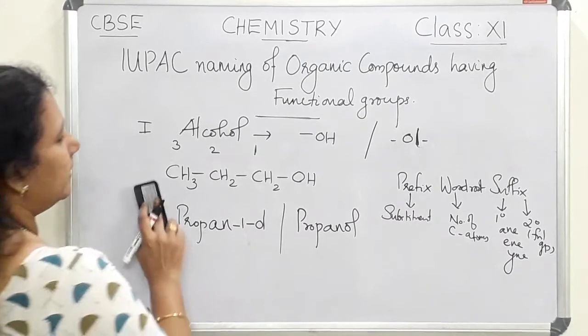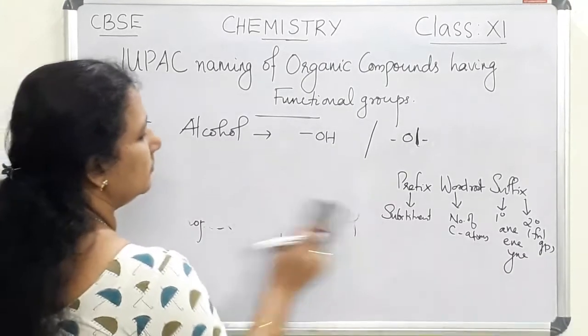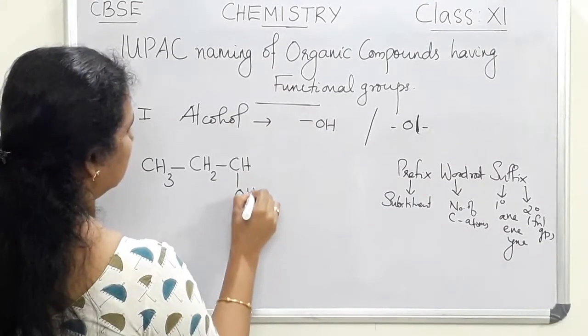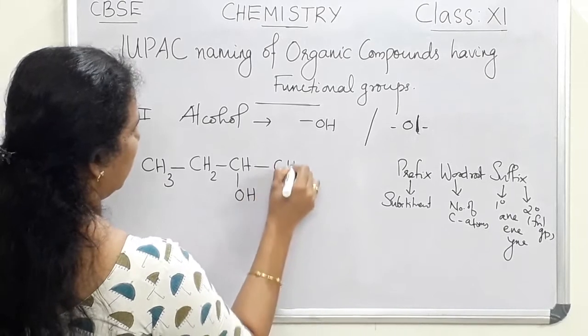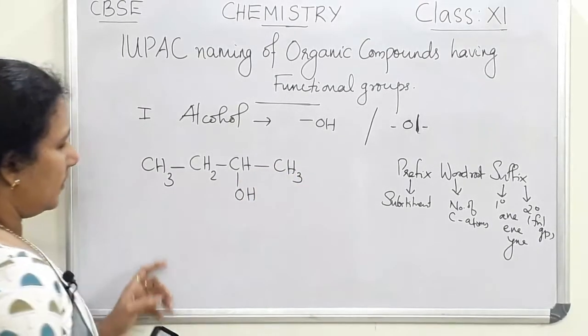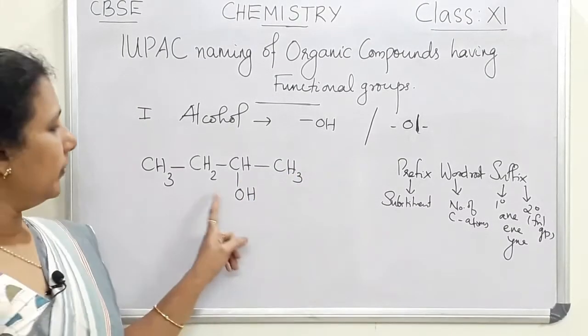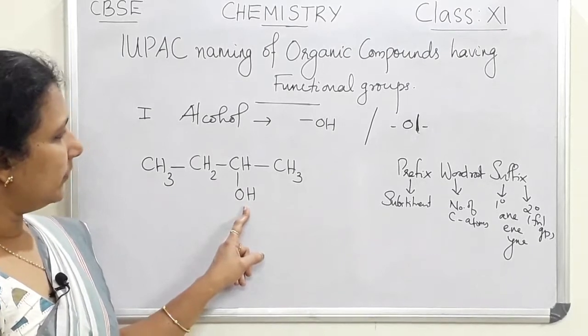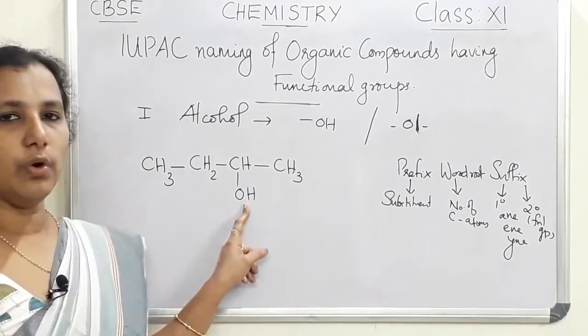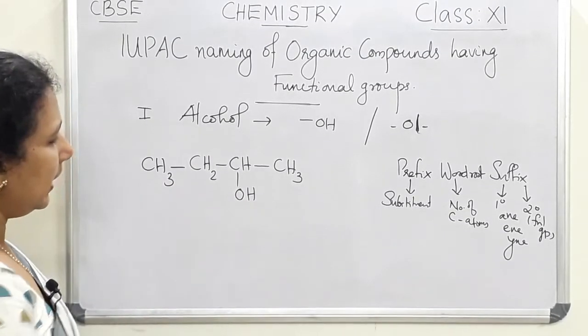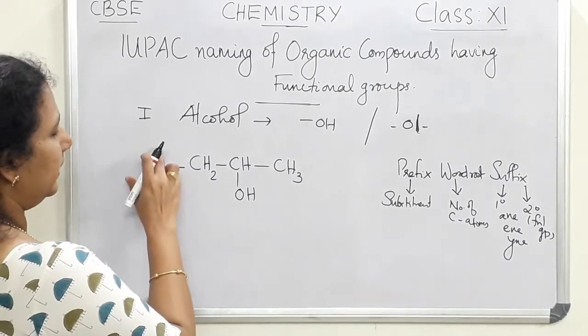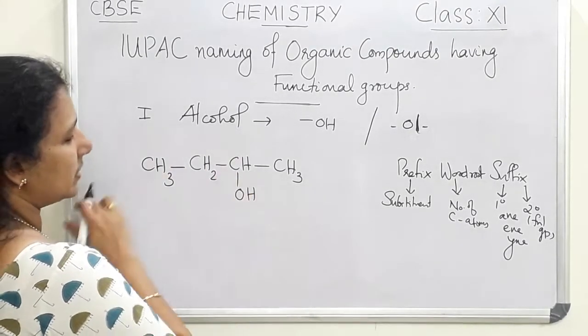So let us write another example. This is another example of an organic compound with a functional group. Here also OH is the functional group. So we have to select the parent chain, and the parent chain must contain the functional group.